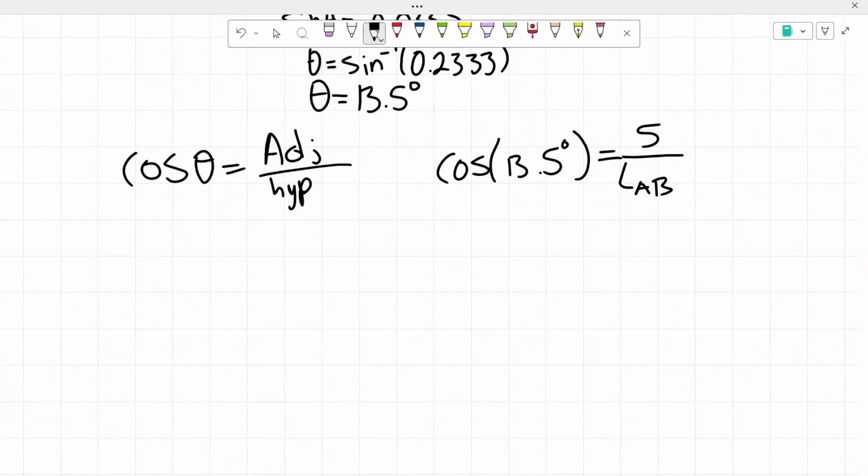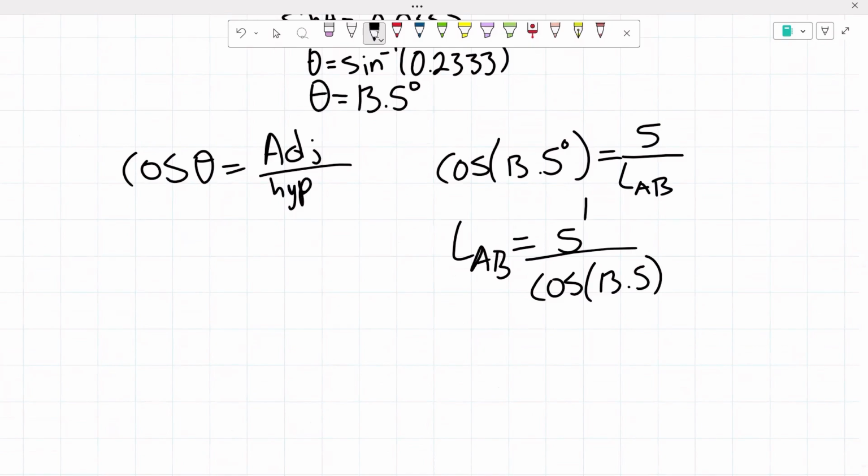If we solve this for the length of AB, we have 5 feet over cosine of 13.5.